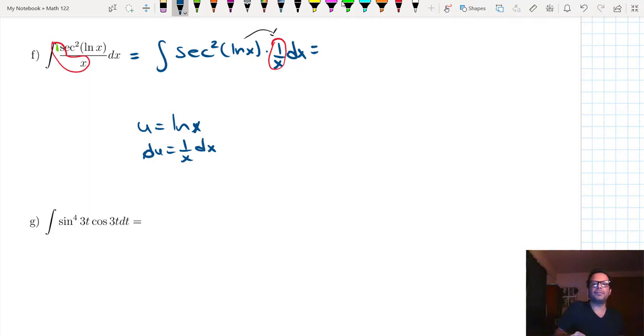So let's do the substitution. u will take the place of ln x, and du will take the place of 1 over x dx.